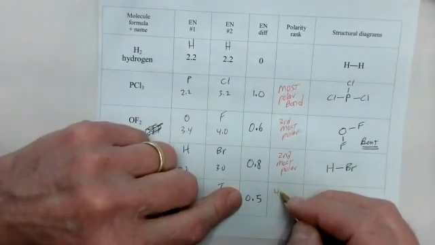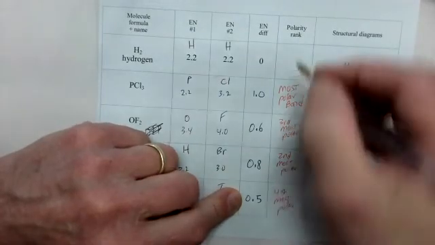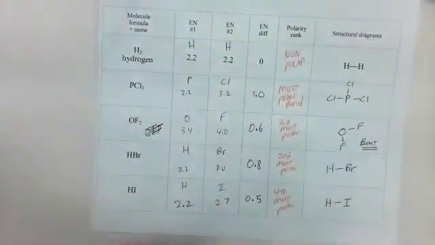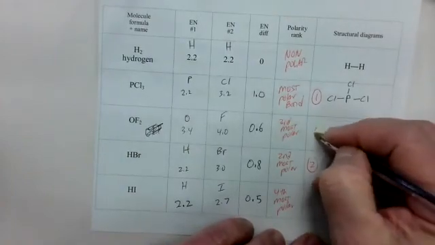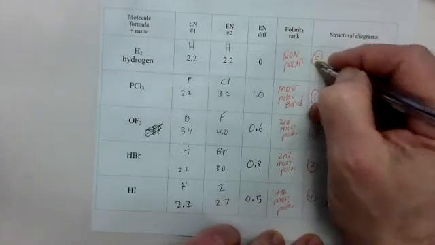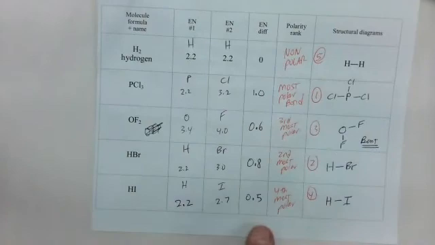This is the fourth most polar. And this one actually is non-polar. So in rank, this would be 1, 2, 3, 4, and last 5. The greater the difference in electronegativity, the more polar the bond.